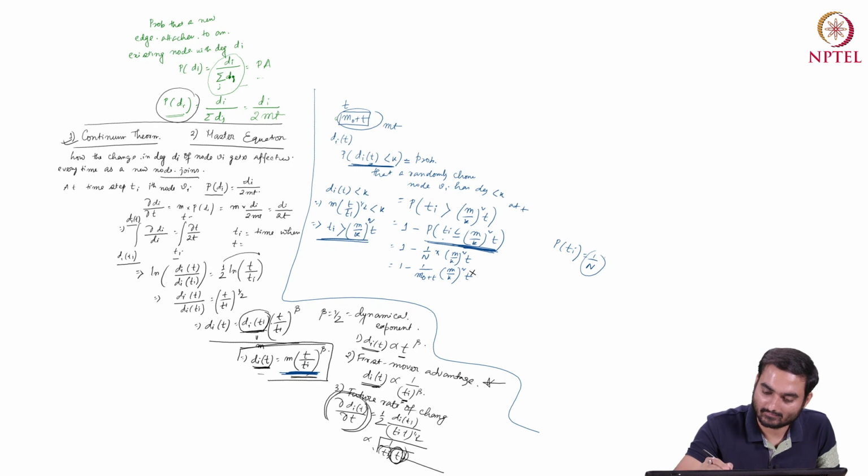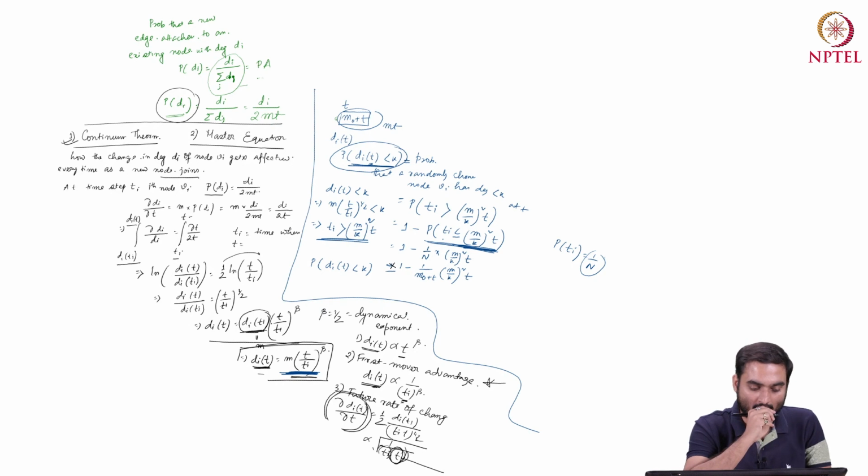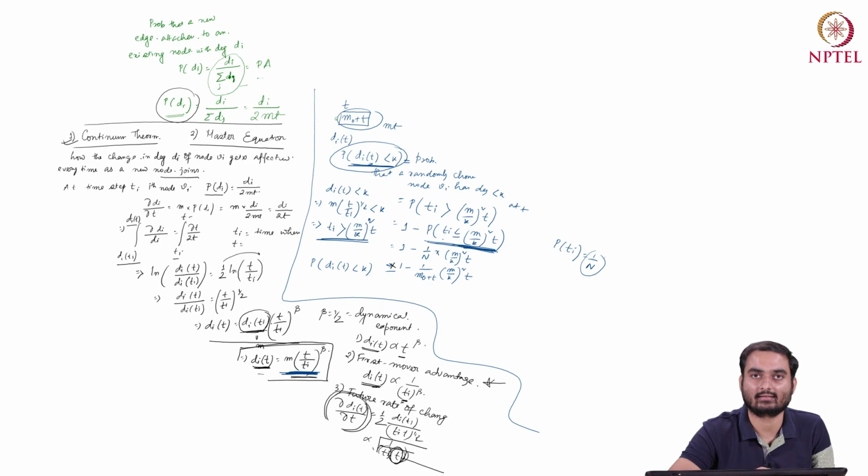So this probability P of d_i(t) less than k is this one, and this is cumulative. How do we get the probability density?